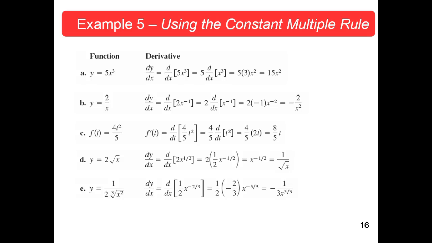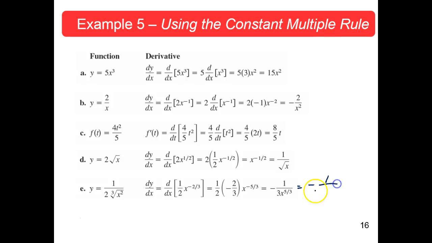If you want to write that without a negative exponent, it would be negative 1/3 times 1 over x to the 5/3. But if you started off in radical form and wanted this in radical form, here's another perfectly good answer. WebAssign probably would not recognize that, but to me it would be as legitimate, if not more so.